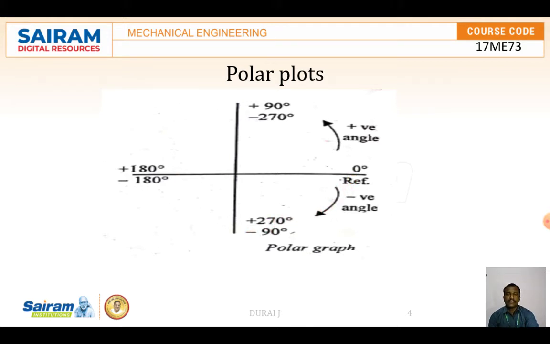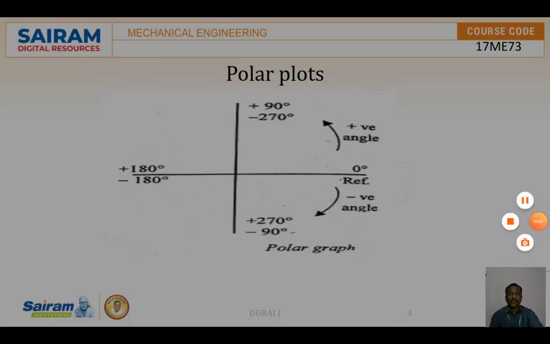So this is the point you should remember over here. The positive value comes anti-clockwise. The negative value comes from top to bottom, and the positive from bottom to top. This is the point you should remember in the polar plot.